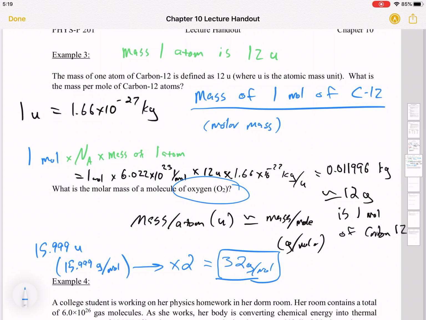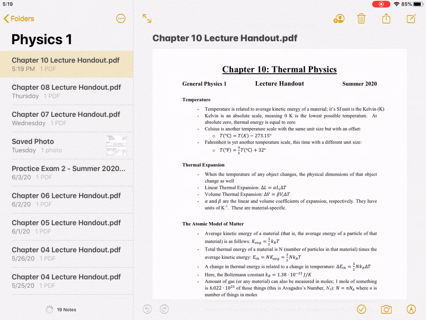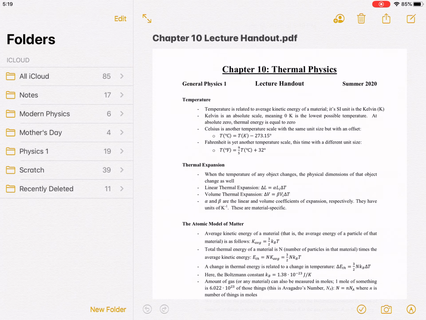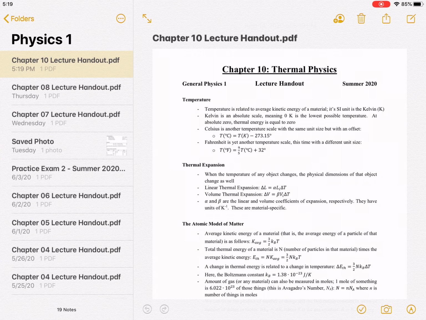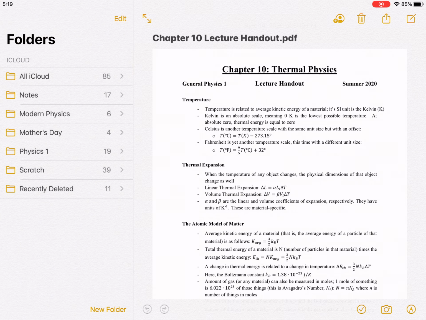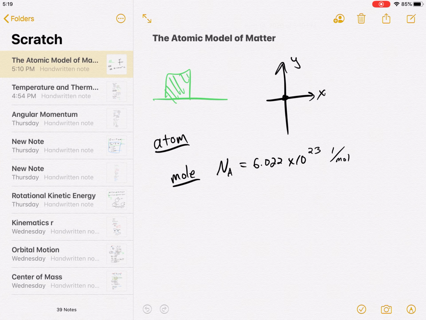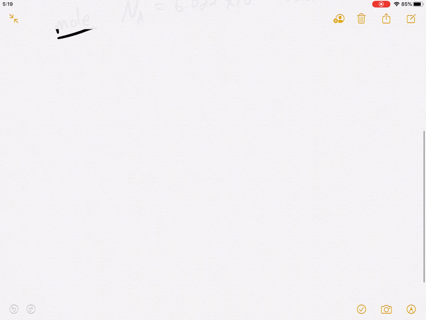So what else can we do with this new atomic model? Now that we can talk about lots of atoms, I would like to talk a little more about that. So I told you temperature is related to kinetic energy.